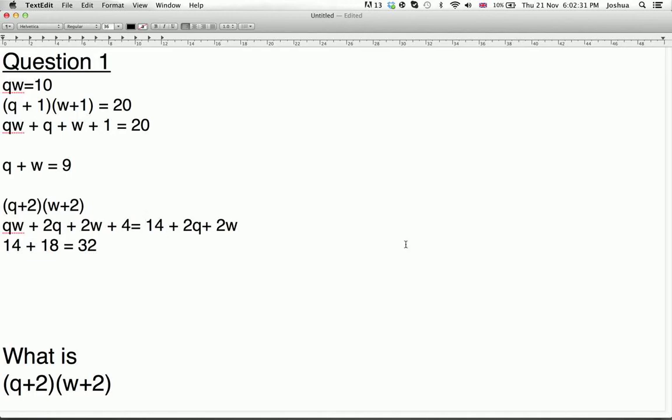Yeah, we can substitute. So then we get this. I substituted, and then I just proved. Hence, remember, you have to say this. You can't just say Q plus 2, W plus 2 equals 32.